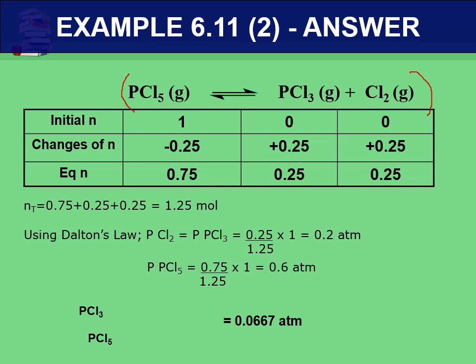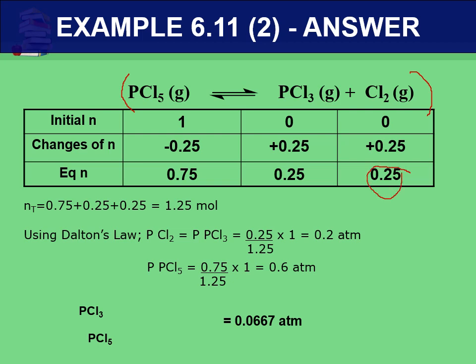If we use 100, it's going to be 25, but we use 1, so the alpha is 0.25. So it is negative X or negative alpha for the reactant PCl5. So it becomes 0.75 for the equilibrium concentration. And positive alpha becomes 0.25 for PCl3 and Cl2 is 0.25 as well.